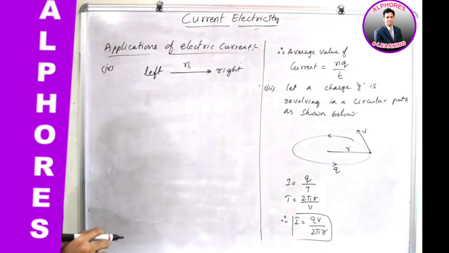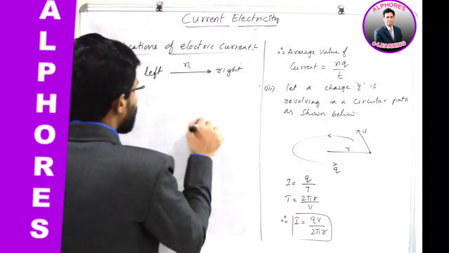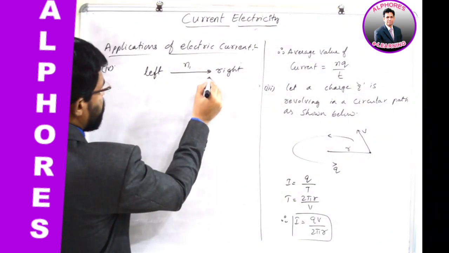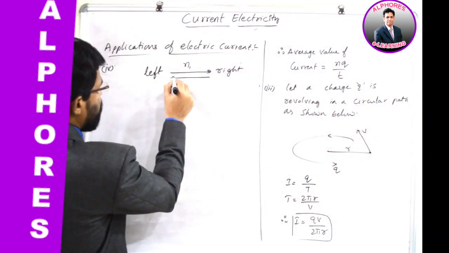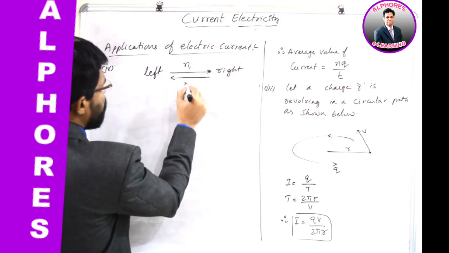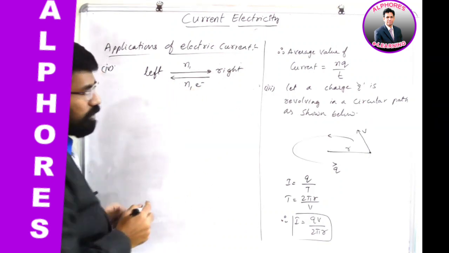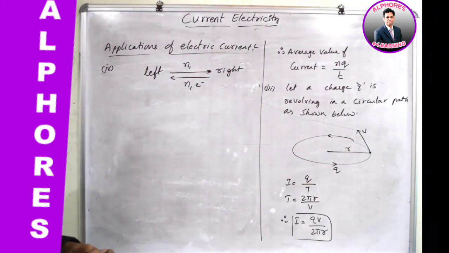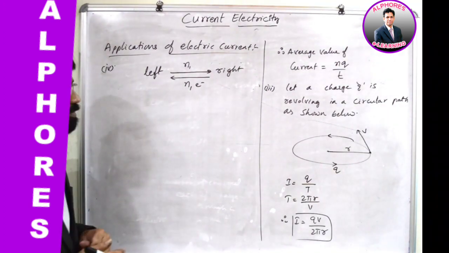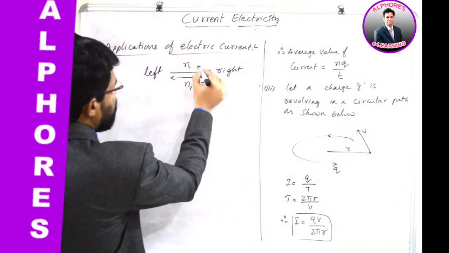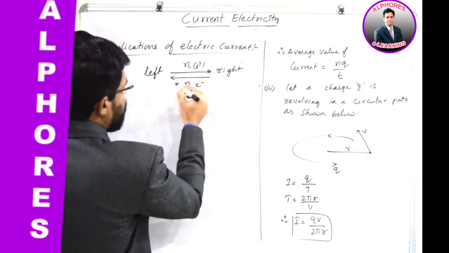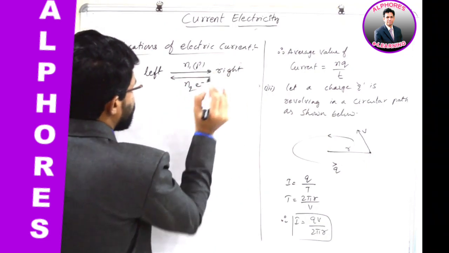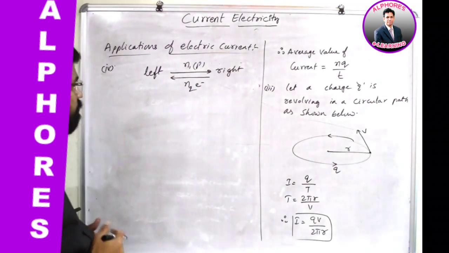How many protons are moving? N1. Simultaneously, during the same interval of time, from right to left, N2 electrons were moving. From left to right, how many protons? N1, and from right to left, N2.